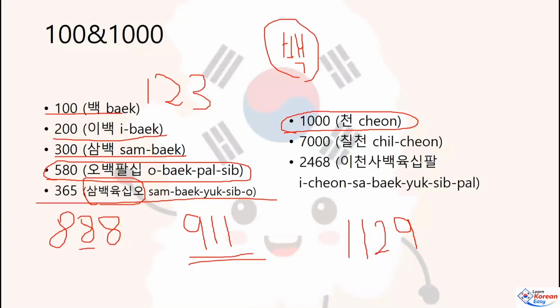But if you want to put 일, that's fine. 천 or 일천, 백 or 일백, but 천백 in the shorter version, 천백이십구. Let's do one more.